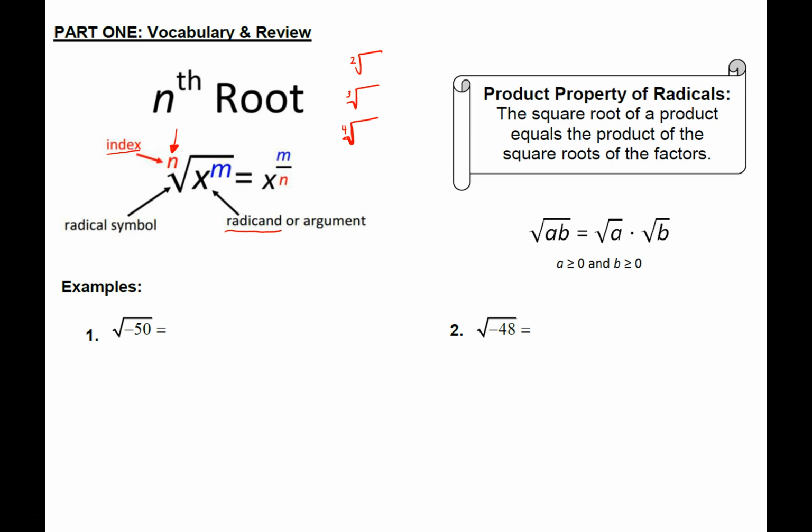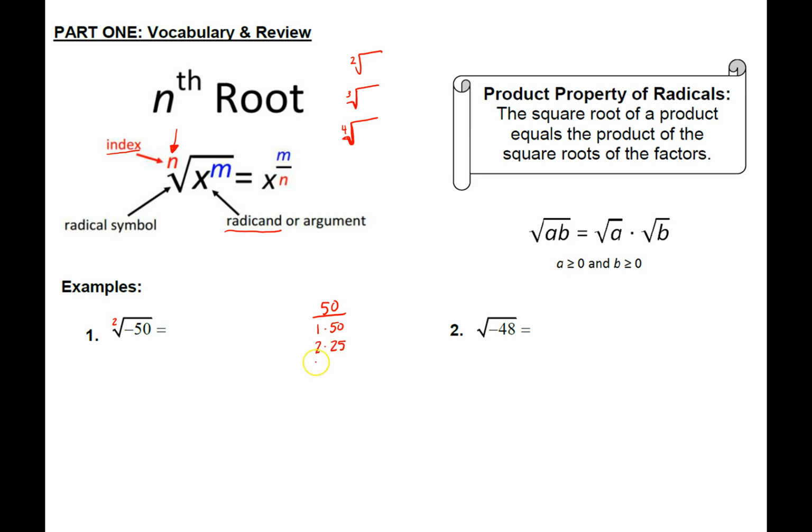In this first example, I have the square root, that is a 2 implied there, of negative 50. So recall that the first thing that we did was we made a list of factors, numbers that multiply together to get 50. So I'm going to write 1 times 50, and I'm going to go in order here. So then 2 times 25.